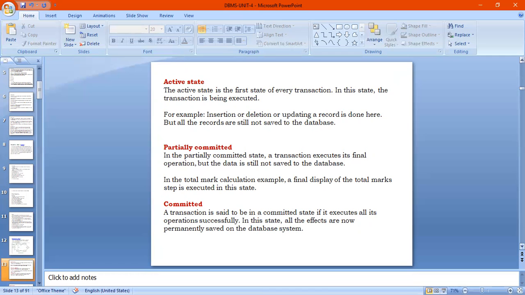Partially committed: in this state, a transaction executes its final operation, but the data is still not saved in the database. In the total mark calculation example, the final display of the total marks is executed in this state.